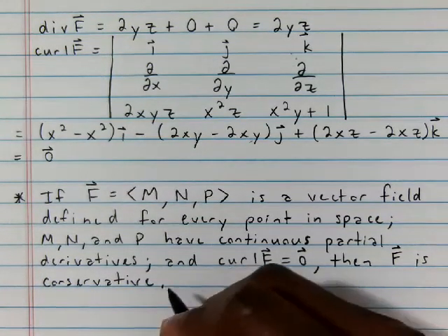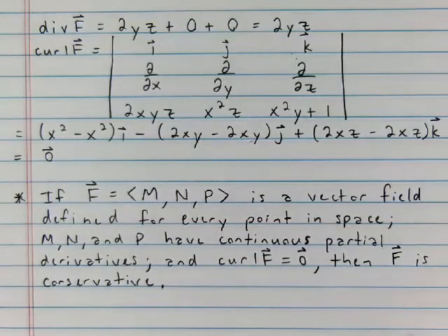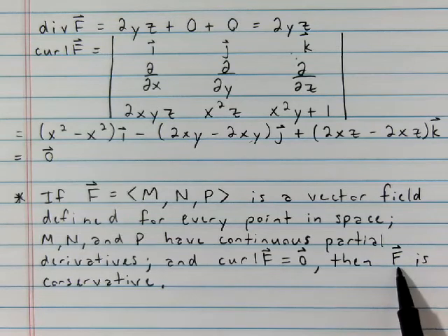And this is what I was mentioning earlier when I said don't confuse this with the definition of conservative. A lot of times people think, okay, curl of F equals 0 is the definition of conservative, but not quite. Conservative just means that there is some scalar function f such that this vector field is equal to the gradient of f.